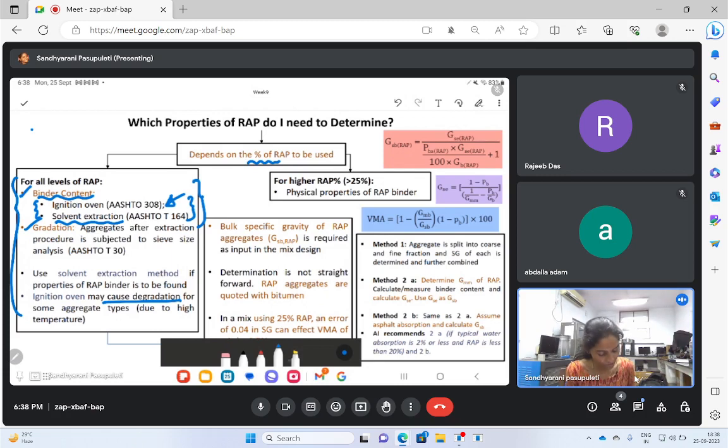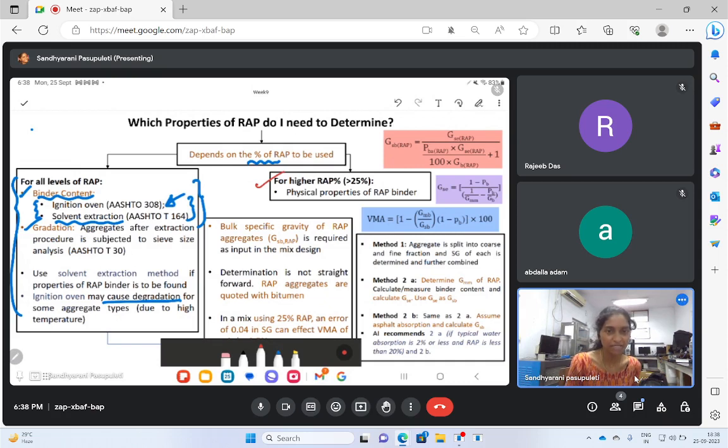Now coming to the specific cases, let us say my RAP percentage is more than 25%. Whenever the RAP percentage is more than 25%, in order to design those RAP mixes, you need to go for some charts called blending charts.